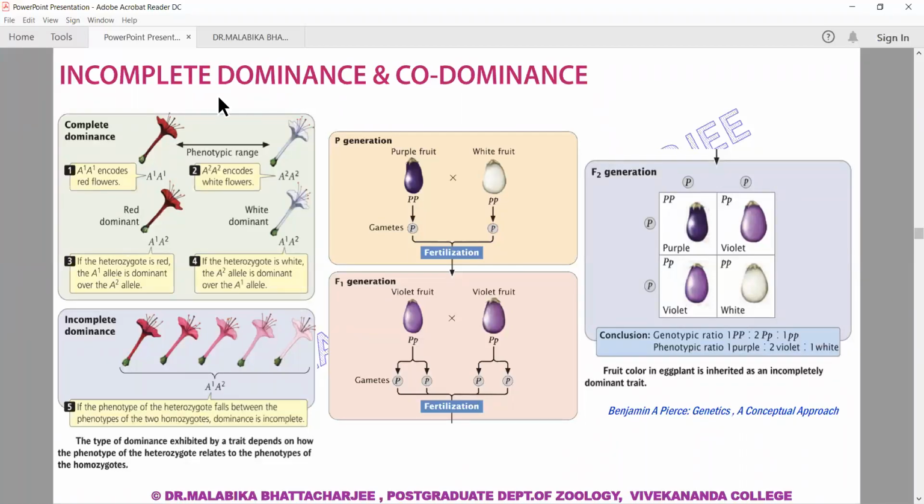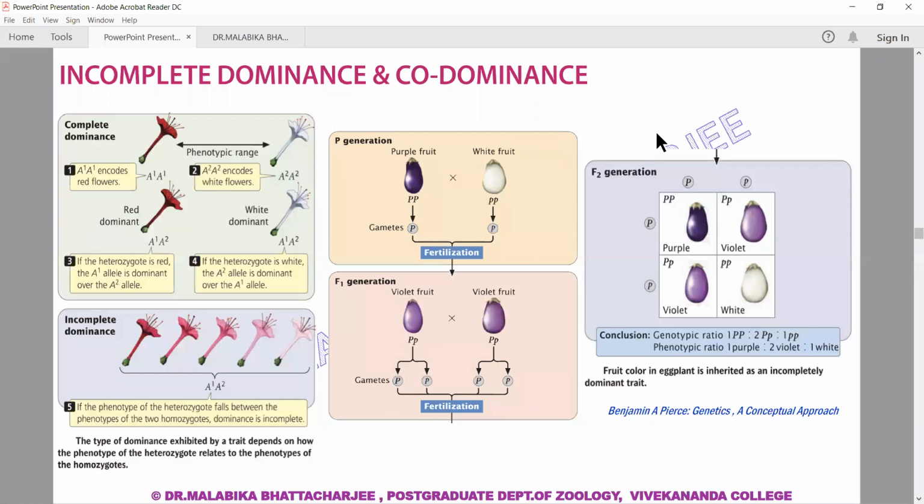But if the F1 genotype of this cross is observed to be a white flower, then we have to presume that A2 is completely dominant over A1. So you can see that either the red color can completely mask the white color, in which case red is dominant, or the white color completely masks the red color, in which case white is dominant.